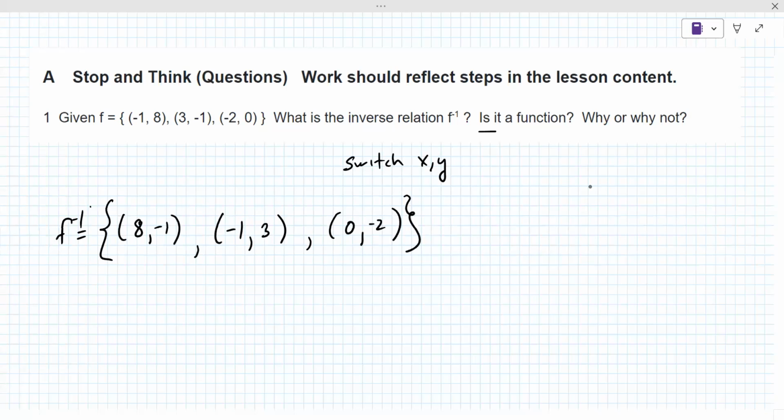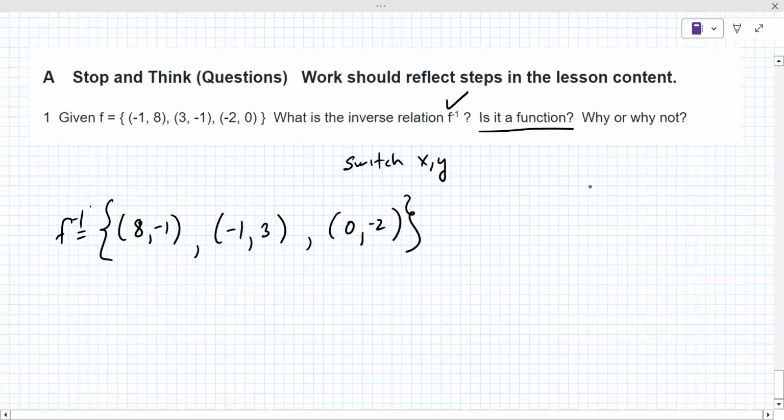Now, is it a function? So we've found the inverse, but is it a function? From the other day, I mentioned you're looking for duplicates in x. Do you see any duplicates in x? No. So it is a function, yes.